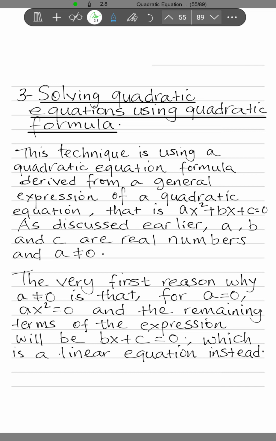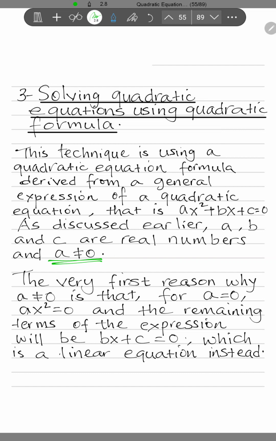This technique uses a quadratic equation formula derived from the general expression of a quadratic equation, that is ax squared plus bx plus c is equal to 0. As discussed earlier, a, b, and c are real numbers and a is different from 0.